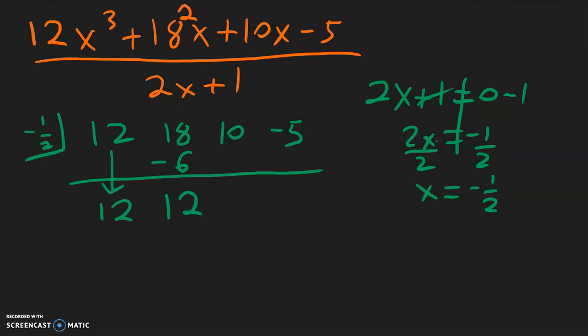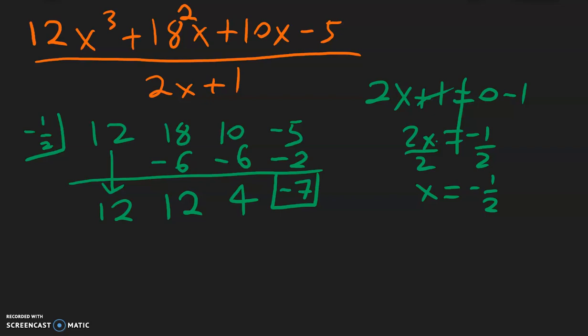Then 12 times negative 1/2, we just did that earlier. That's still going to be a negative 6. 10 minus 6 is going to be a 4. And now 4 times a negative is going to be a negative. And 4 divided by 2 is 2 times 1 on the top is still going to be 2. And negative 5 minus 2 is going to be negative 7.